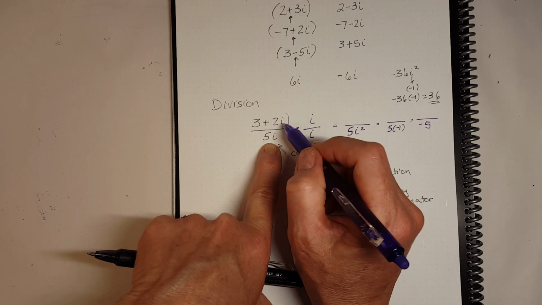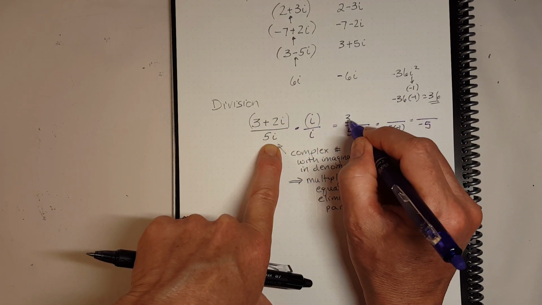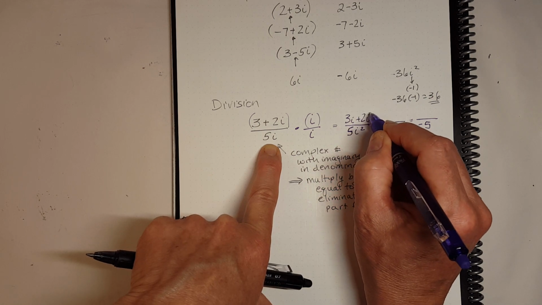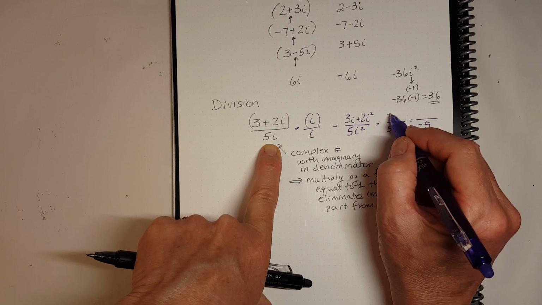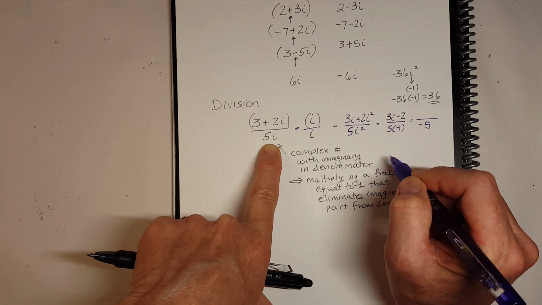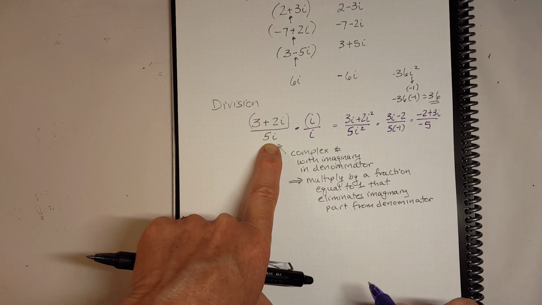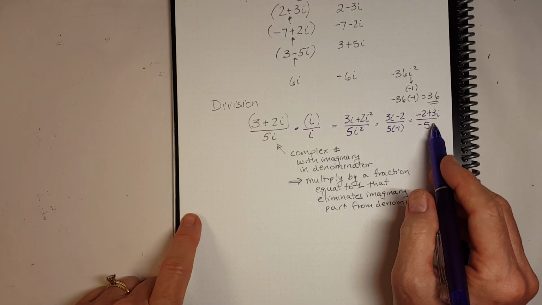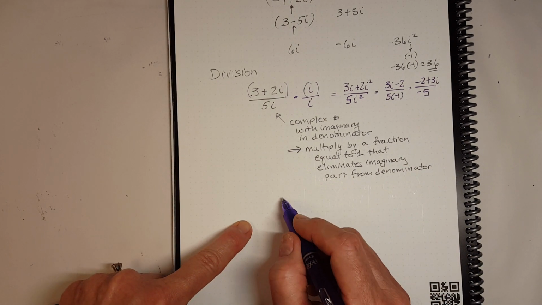And so now I'm going to multiply 3 plus 2i times i, and I'm going to get 3i plus 2i squared. But we know i squared is negative 1, so this becomes 3i minus 2, which is negative 2 plus 3i. And now that division gets me a real number in the denominator, and I could rewrite it.